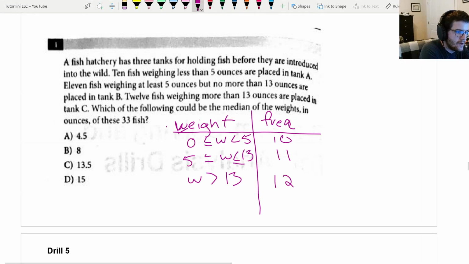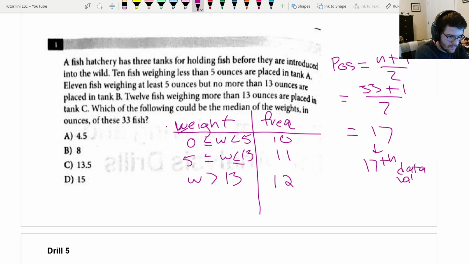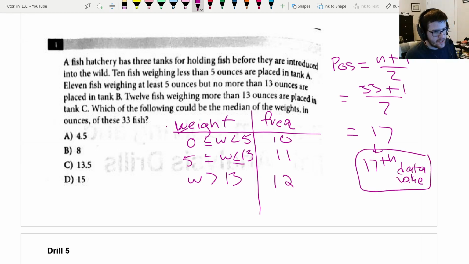Okay, so the position of the median is n plus 1 divided by 2. So that's 33 plus 1 divided by 2. I don't know what that is. 17. So we need to find the 17th data value. So we're going to cumulatively add the frequencies until we hit 17.